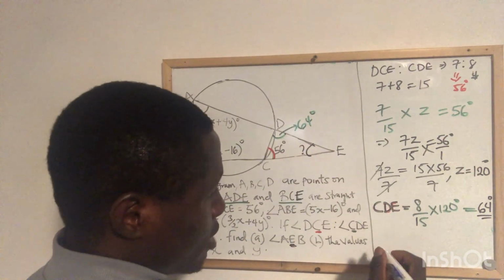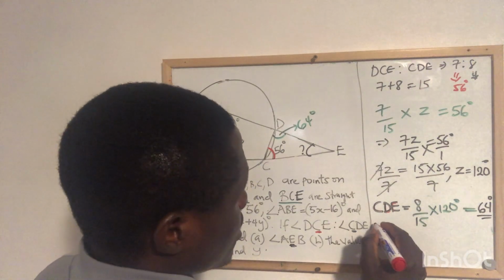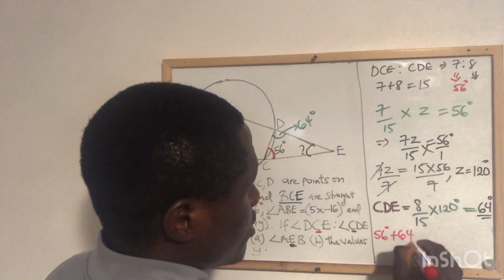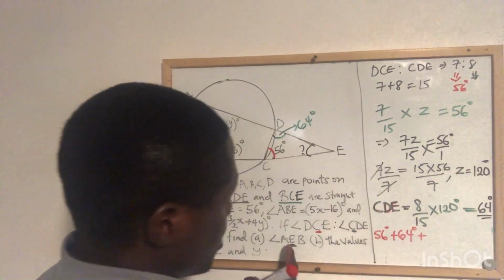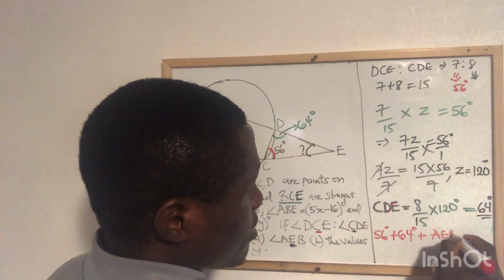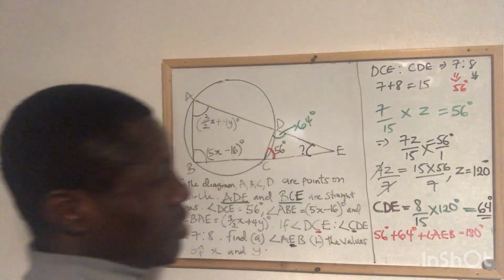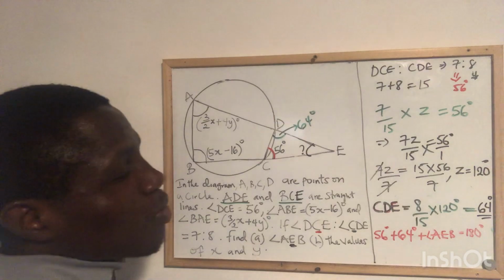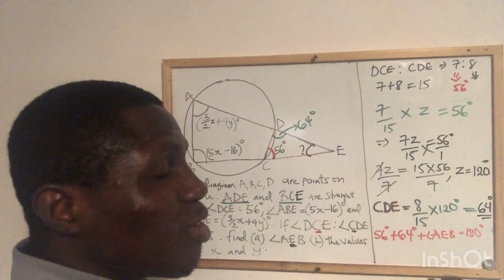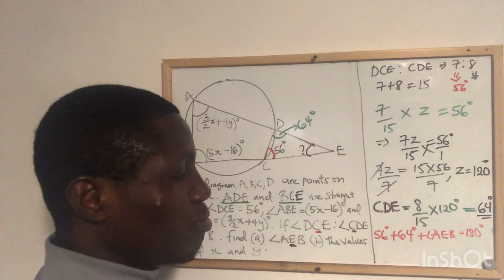Since I've gotten my angles, I'm going to say 56 degrees plus 64 degrees plus the angle I'm asked to calculate, that is angle AEB, must be equal to 180 degrees, the sum of angles in a triangle. You add them together, it must give you 180 degrees.